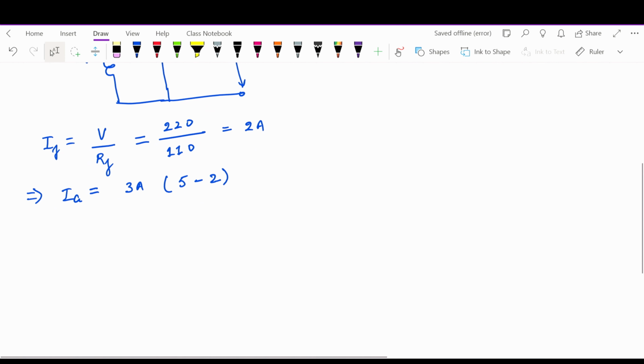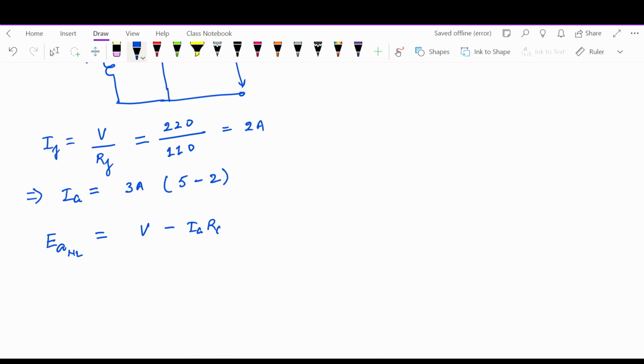We'll calculate EA naught, the EMF generated at no load. Let us write it as NL. So this is V minus IA RA.